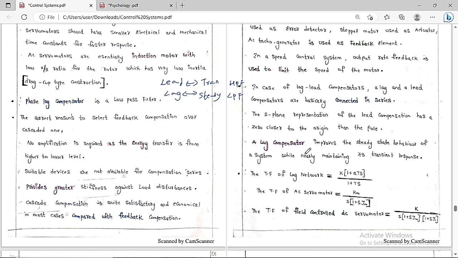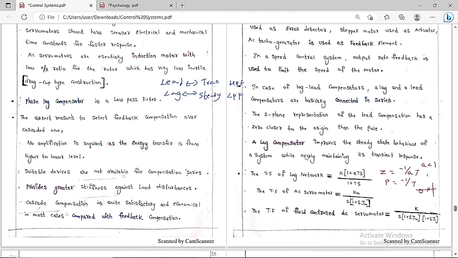The next point is the transfer function of a lag network, which is K into (1 plus ATS) by (1 plus TS). What is the zero here? The zero is equal to minus 1 by AT, and the pole is equal to minus 1 by T. In the case of a lag compensator, the pole is closer to origin than the zero. So what is the value of A?